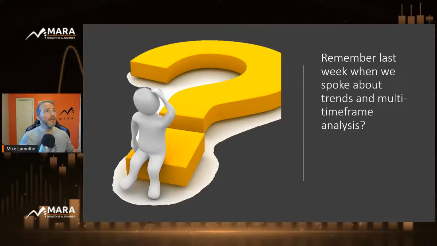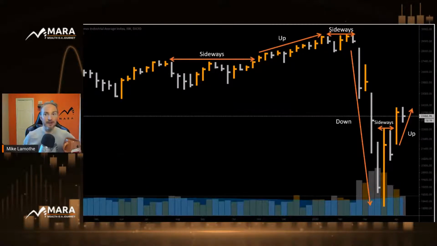Now, if you remember, last week we spoke all about trends and multi-time frame analysis. Here is a slide to help you out a little bit more with that. One of the things we spoke about last week was how we were looking at trends: sideways trends, uptrends, downtrends, and how to determine those.